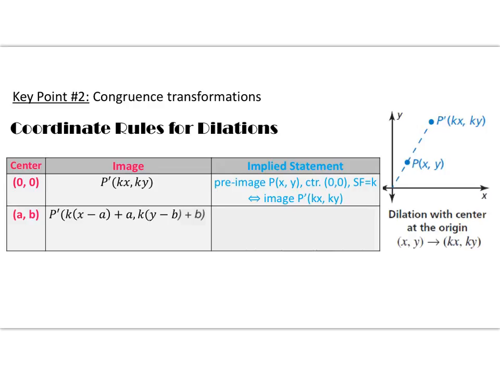So we can use this formula to figure out the image P prime: K times (X minus A), outside the parentheses plus A, and then comma, K times (Y minus B), and then outside the parentheses plus B. So our implied statement is the pre-image of P at X, Y, center at A, B, scale factor of K implies an image at P prime: K times (X minus A) plus A, K times (Y minus B) plus B. So it's a pretty lengthy formula, but it starts to make sense when we start using it.